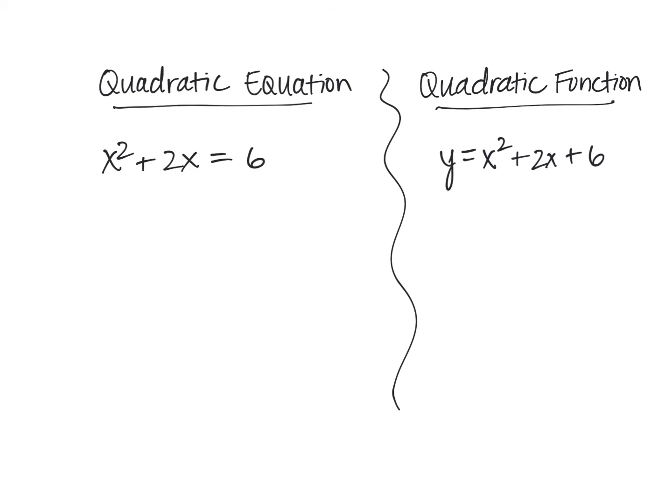They both have the x squareds in them, but the difference is this one would make a graph, this one wouldn't. When I solve both of them, the solution to a quadratic equation is basically whatever the x-intercepts are, or the roots, another name for it, or the zeros.